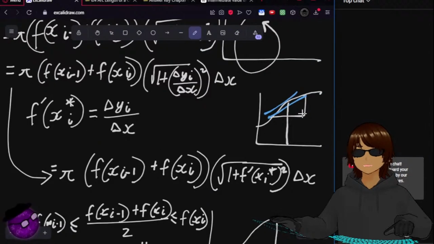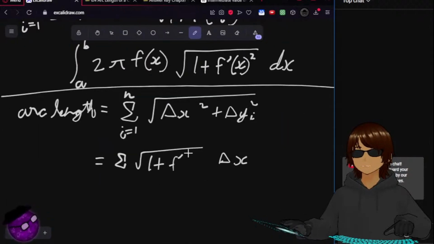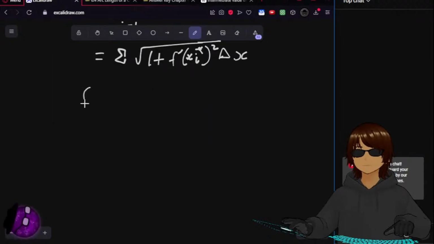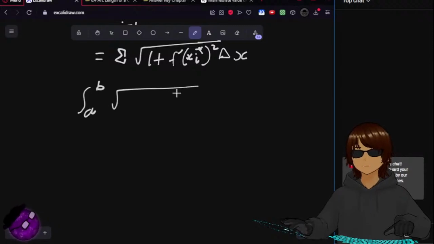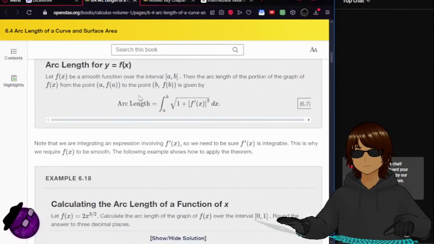And earlier, when we did this, according to the mean value theorem, there exists some value, let's call it xi star, where the tangent at that point is equal to the gradient of the line segment. So let's do this square, and taking n to infinity, I get this for the arc length. Yeah, arc length is this.